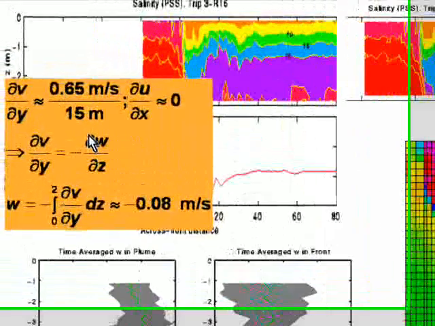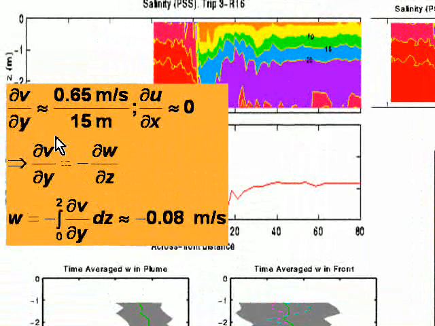That gives you a large convergence rate that you can integrate. This would be the continuity or conservation of mass. You can integrate the dV dy over the 2 meter deep plume, and what you get is 8 centimeters per second. So from the order of magnitude estimate, he thought that was reasonable.